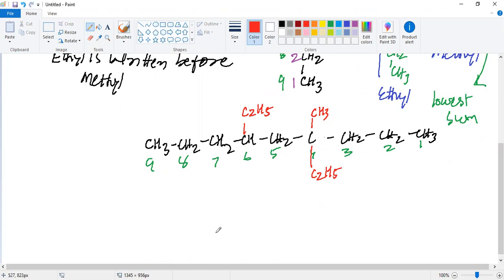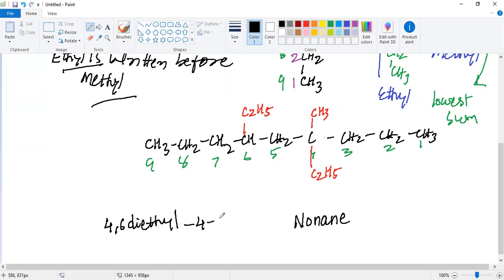So now we have this compound with us. We can see that we have 9 carbons, so we can write the name as a nonane. What type of nonane we have? We need to write ethyl before methyl. So here we have ethyl group on 4th and 6th carbon. So we can write it 4,6-diethyl.